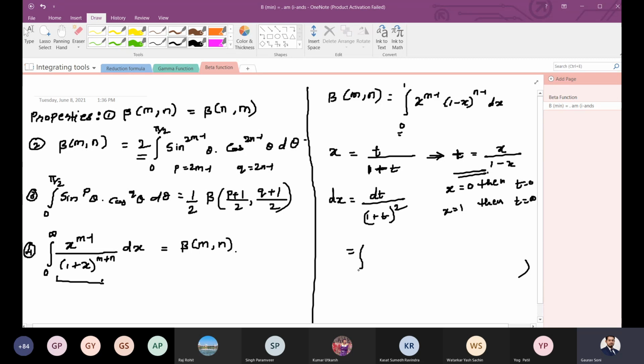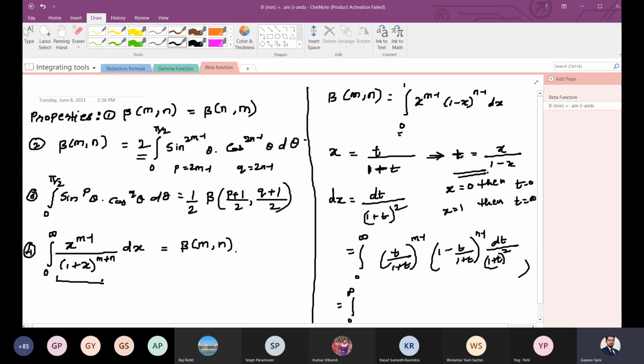So what we get is integration 0 to infinity t upon 1 plus t raised to m minus 1, 1 minus t upon 1 plus t raised to n minus 1. The value of dx is dt upon 1 plus t square. So this is integration 0 to infinity.